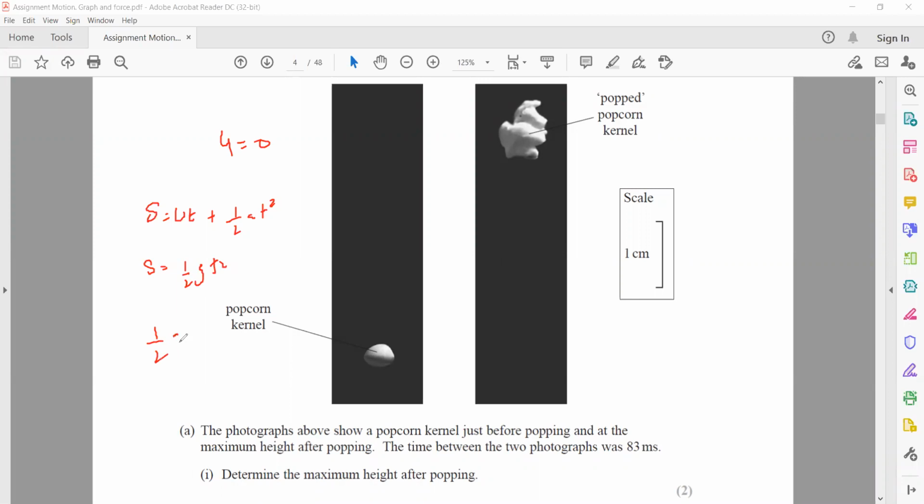It will be 1 by 2, gravity is 9.8, then 83 into 10 to the power minus 3, squared. So we'll get the vertical distance from this formula. It will come out as 0.034 meter, and if we multiply by 100, it will be 3.4 centimeters.